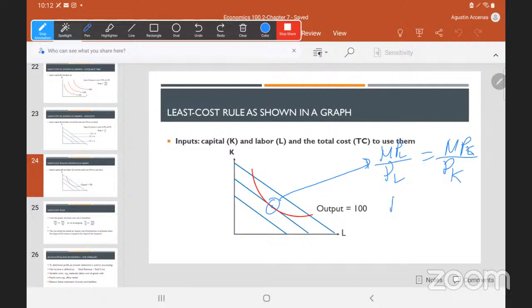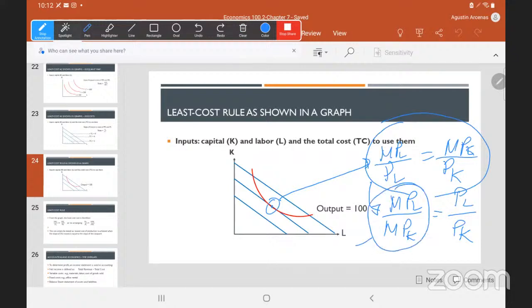Because if you rearrange this, it is just this one. Now this equation is the same as this one. But what is this? This is the slope of the isoquant, which is this one. This is the isoquant.